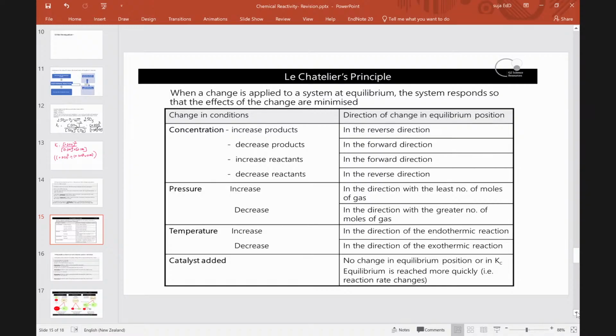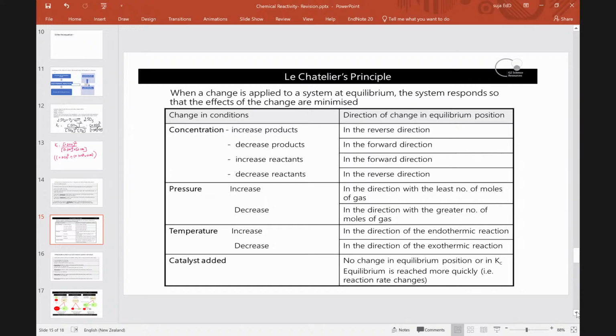Now, this is the Le Chatelier's principle, telling about the equilibrium and what changes happen when you are changing the concentration, what is a change in conditions, and what happens to the direction in which the equilibrium shifts.